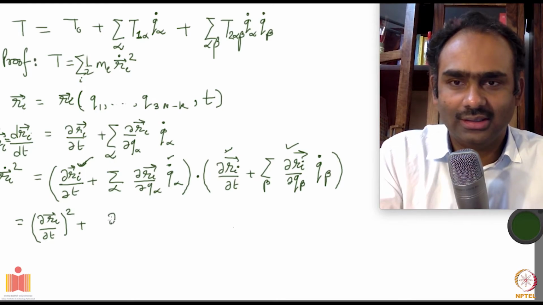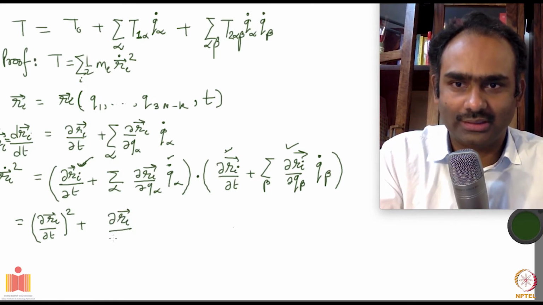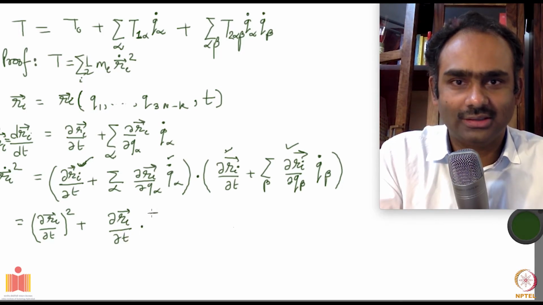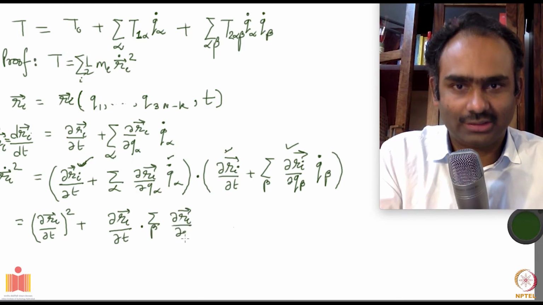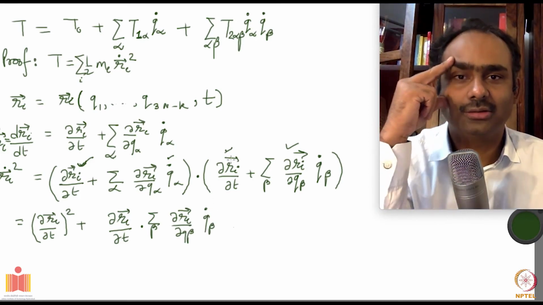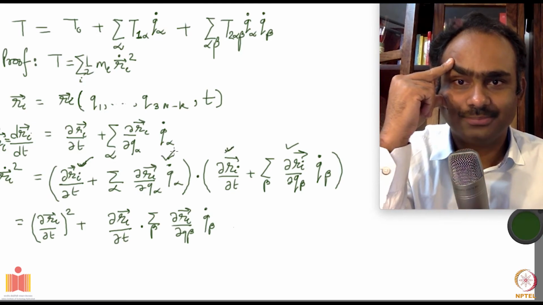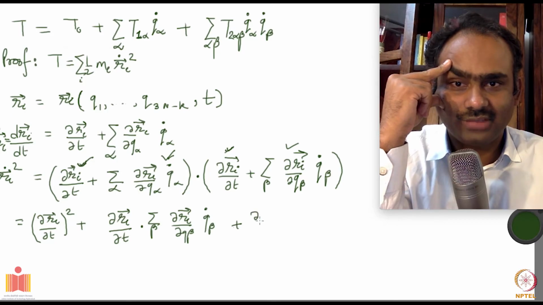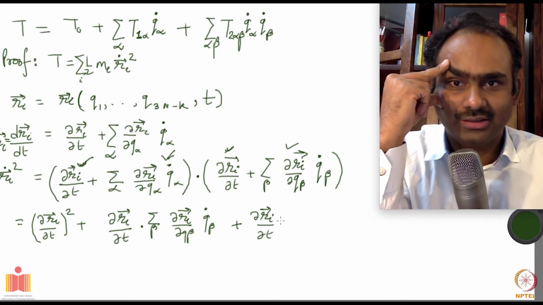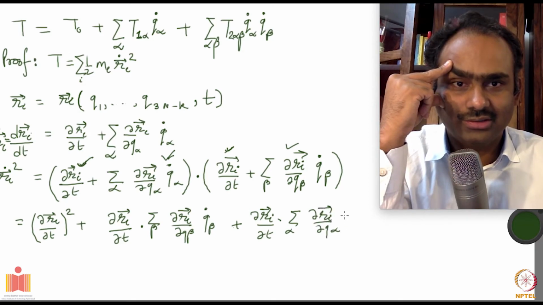So I get del r_i over del t, that is correct, dot summation over beta del r_i over del q beta dot, and then you look at the product of this with this, which is del r_i over del t coming from here, dot summation over alpha del r_i over del q alpha dot.